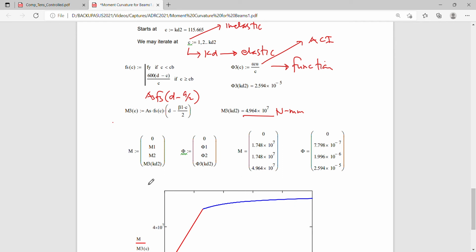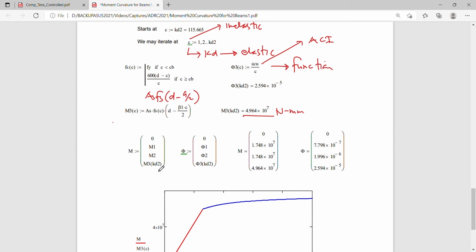So the moment and the curvature here are now summarized in terms of a vector. We start from 0 moment. Then we tabulate the first moment at the uncracked elastic, then the cracked elastic, and the cracked inelastic. You'll notice that in the cracked inelastic there's no fixed value because M3 is now a function of your KD2 here.